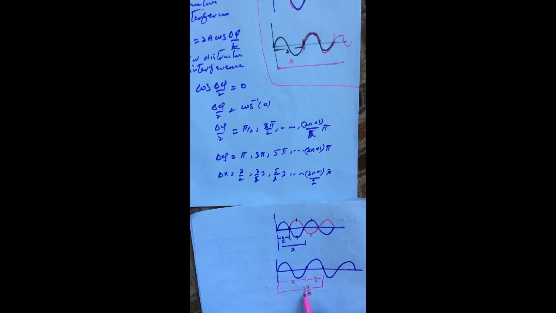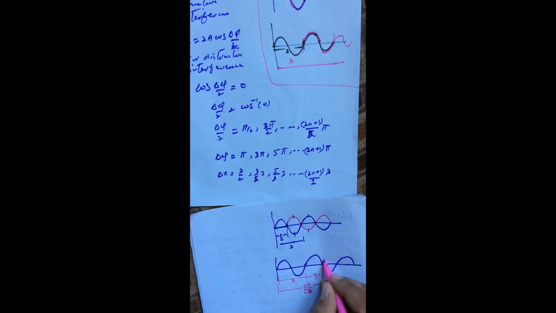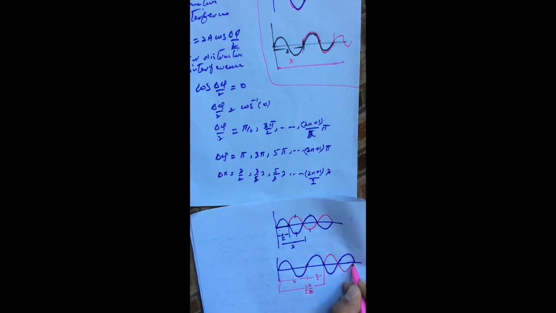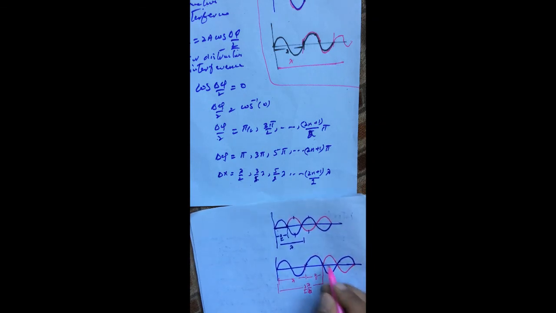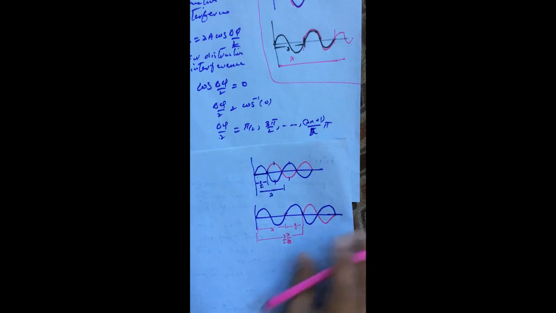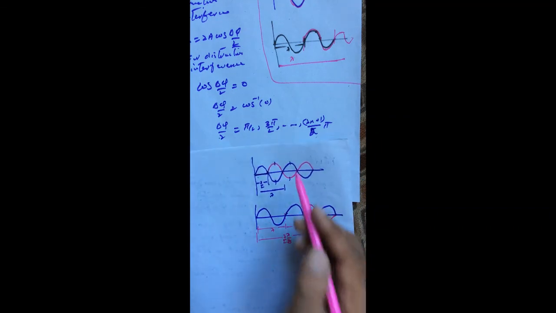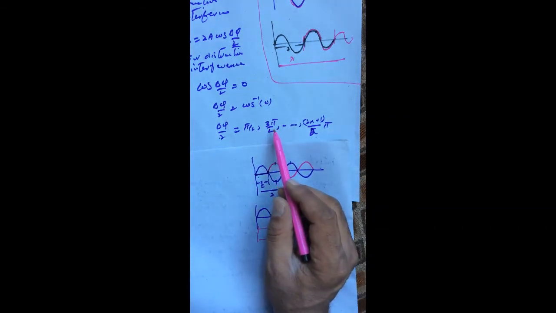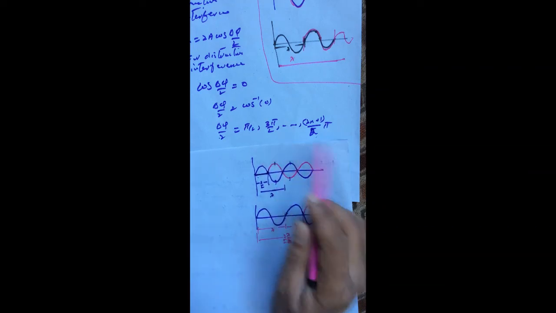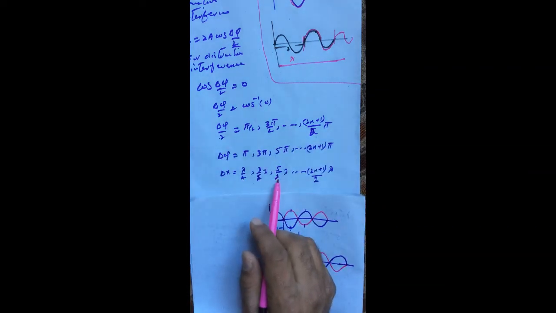So lambda plus lambda by 2 is equal to 3 lambda divided by 2. Now if the path difference is 3 lambda divided by 2, then the second wave starts from here. So again, if you look here, the crest and trough fall on each other. So this will give us again the destructive interference. And similarly, if we have the path difference which is 5 lambda divided by 2, then again we have destructive interference.